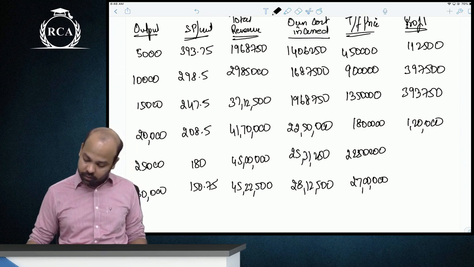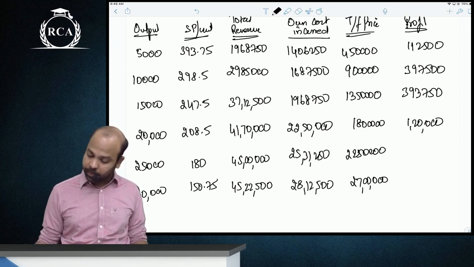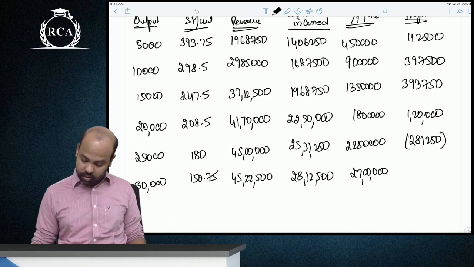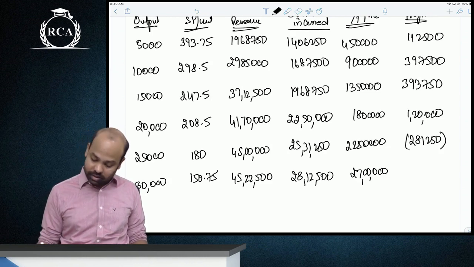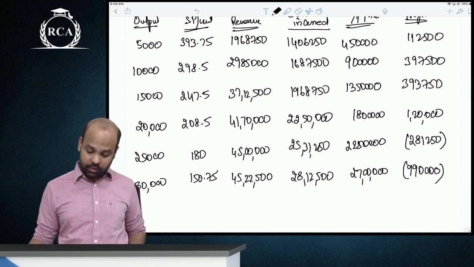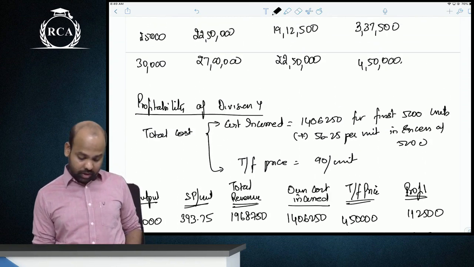And here, 45 lakhs minus 25,31,250 minus 22,50,000, a loss of 2 lakhs 81,250. 45,22,500 minus 28,12,500 minus 27 lakhs is 9 lakh 90,000. So these are all the amounts of profits.